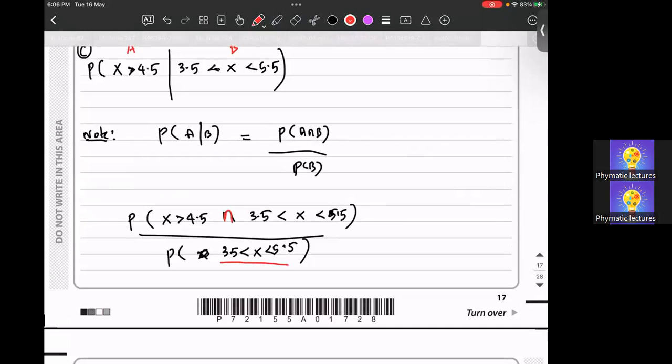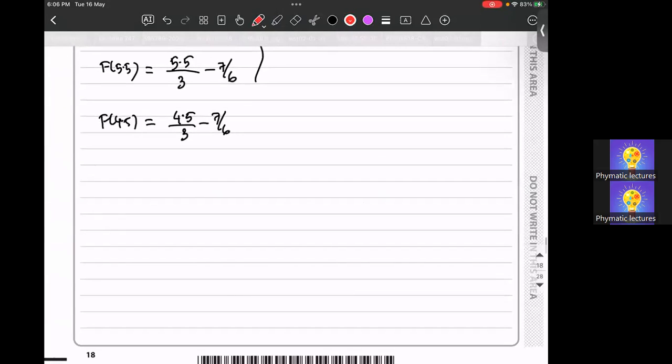Now, what is the probability in between 3.5 to 5.5? Probability of x in between 3.5 to 5.5.